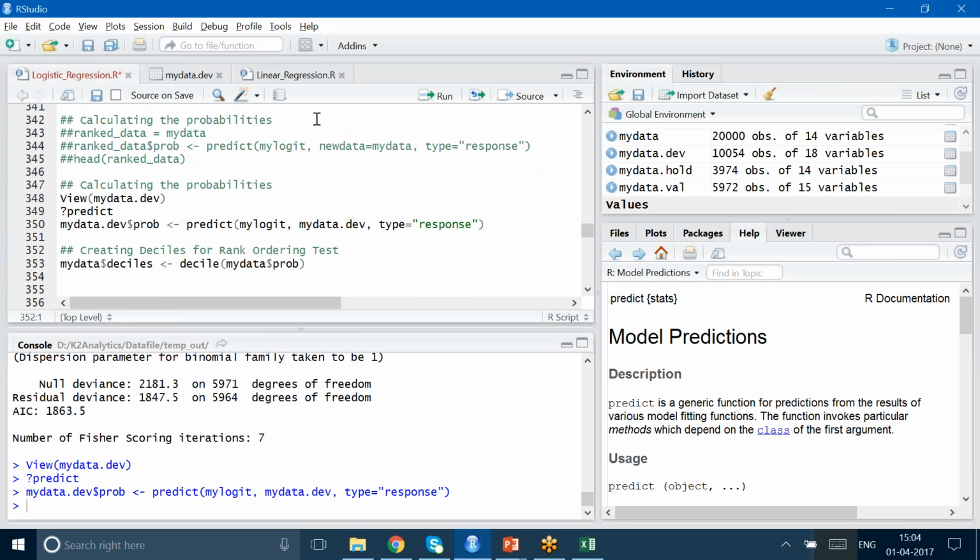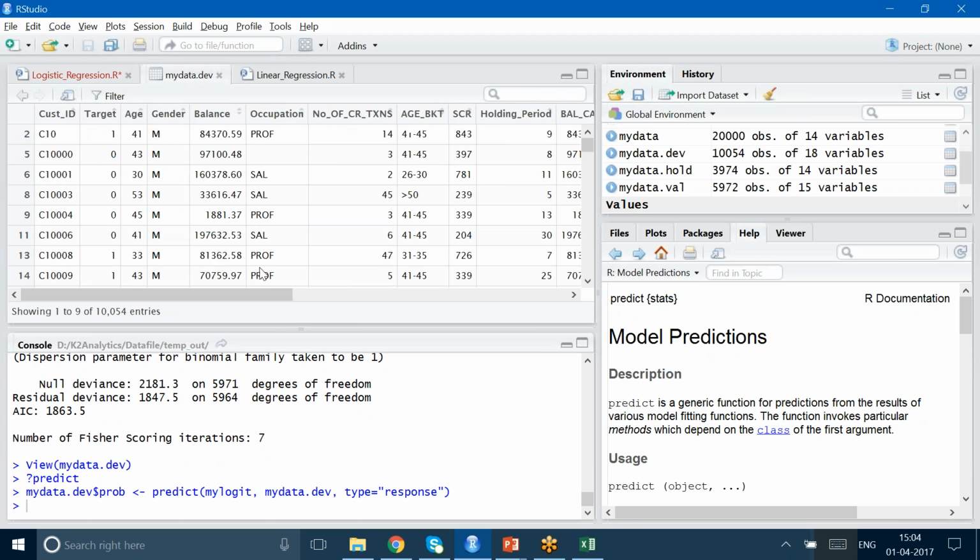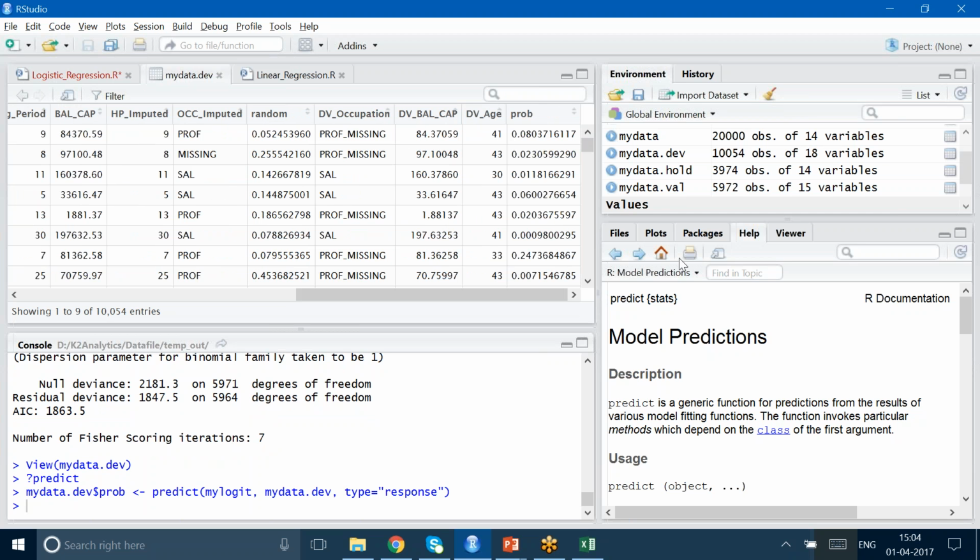So when I run this, you see probabilities have come up. This will not be close to 1. This is the probability of this customer responding.